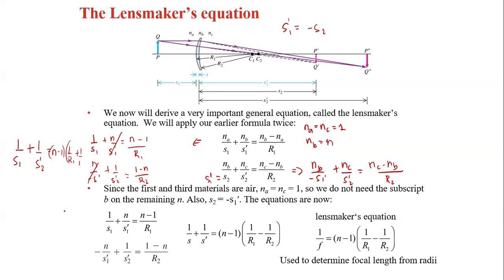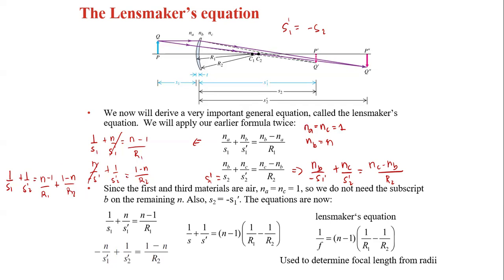Okay, so we have here 1 over S1 plus 1 over S prime 2 is equal to n minus 1 over R1 plus 1 over n over R2.